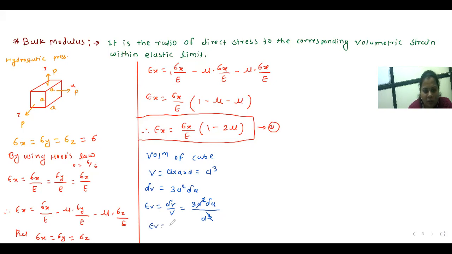Epsilon V is equal to 3 del A upon A. Therefore epsilon V is equal to 3 into epsilon A. That is the formula. Now we will put this value in this equation.